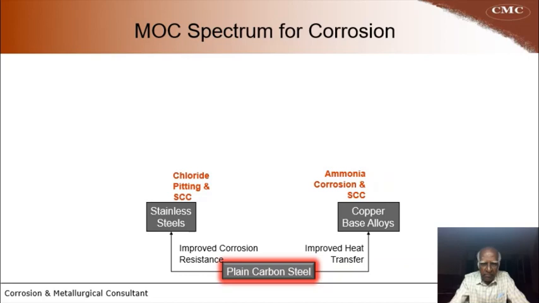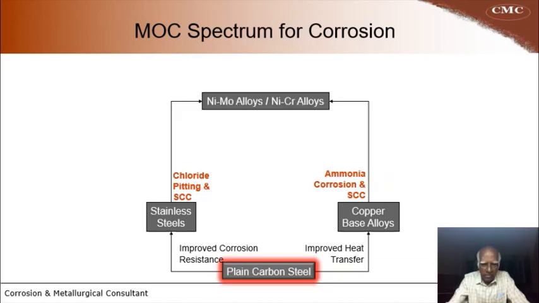To overcome these problems, the practice for several years is to go for better material of construction, which is normally nickel molybdenum alloys like Hastelloy C276 or nickel chromium alloys like Inconel and Incoloy.